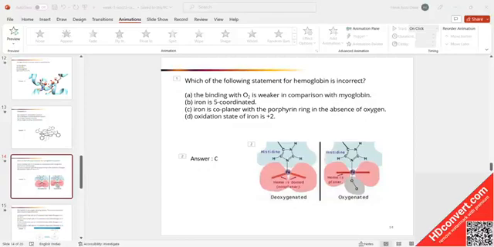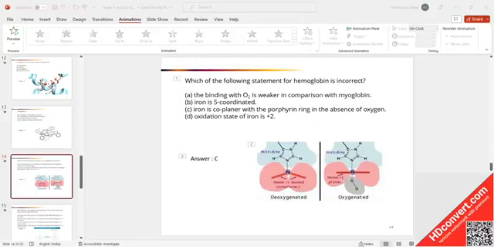If you see the binding curves, in myoglobin the oxygen saturation is reached at a much lower pressure as compared to hemoglobin, and in hemoglobin there is a cooperative effect which comes after a certain pressure of oxygen. Hemoglobin takes 4 oxygen molecules because of the cooperative effect at a later stage. So the incorrect option is that iron is coplanar with the porphyrin ring in the absence of oxygen.